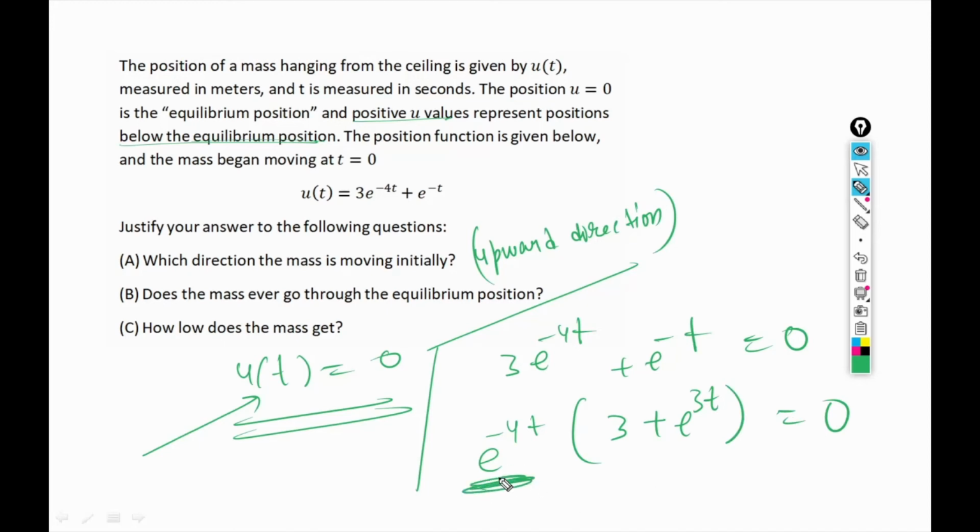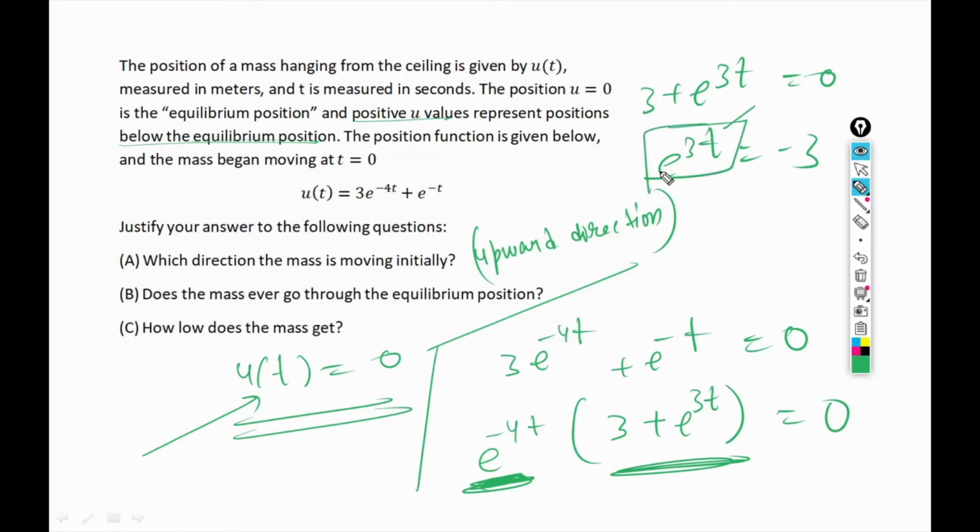Since e power minus 4t cannot be 0, this factor has to be 0. So 3 plus e power 3t equals 0, and e power 3t equals minus 3. This is not possible because an exponential function is never negative. This is not possible for any value of t. Hence, there is no t for which this function is 0.